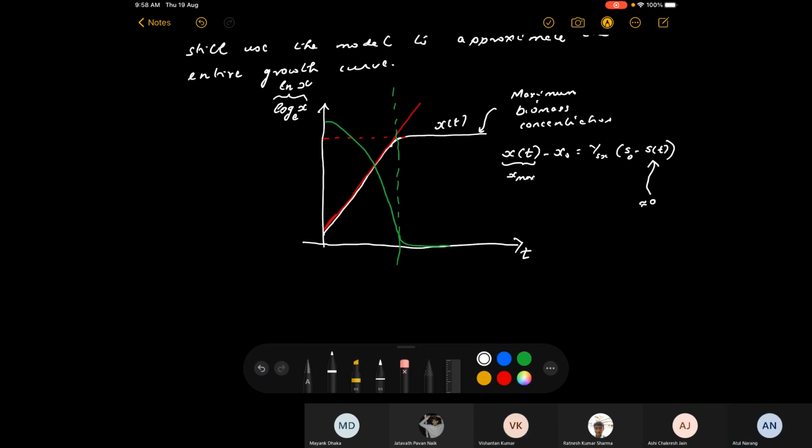So X max equals X naught plus Ysx multiplied by S naught.